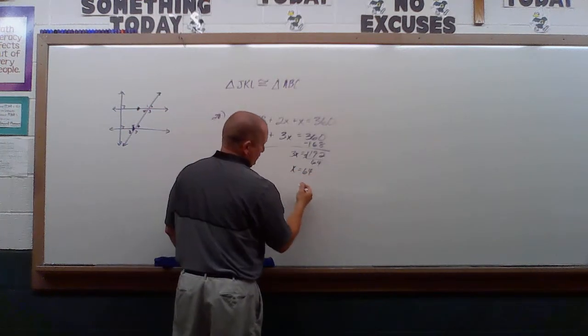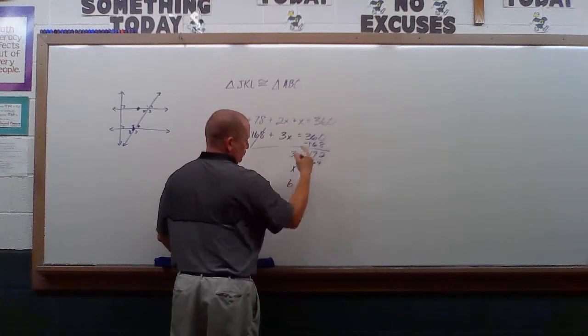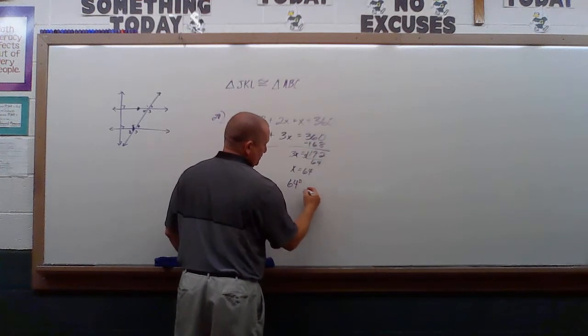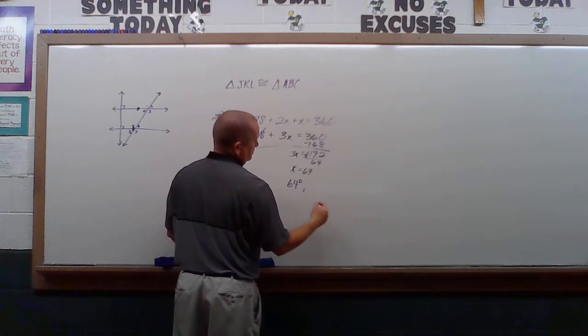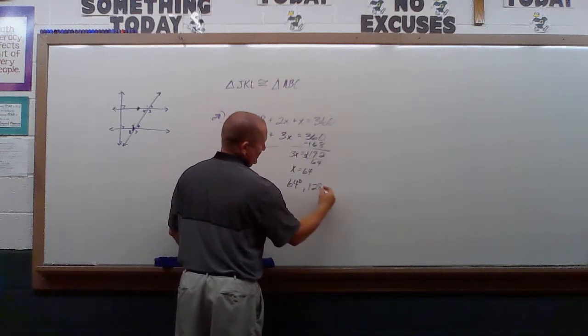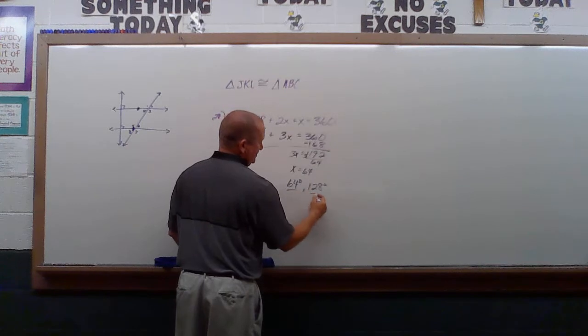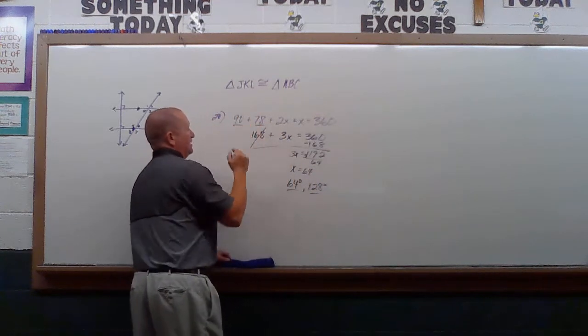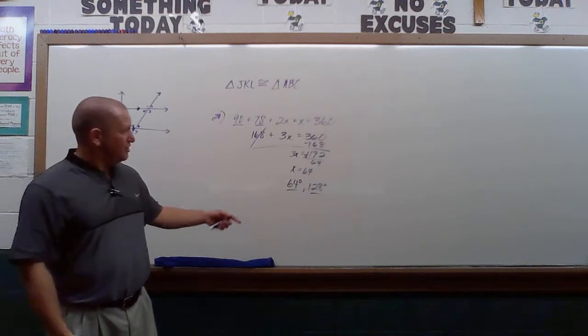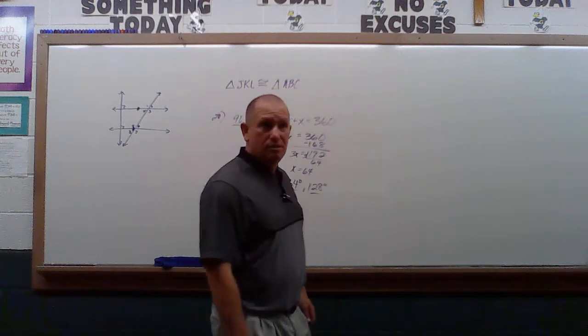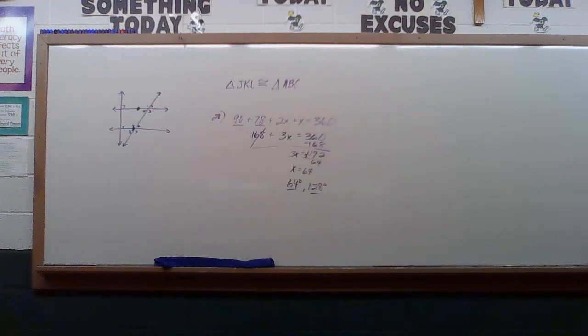X is 64, but what are my angles? Well, this is actually an angle too, right? Because x was one of my angles, so 64. What's my other angle? What's 64 times 2? 128. And then hopefully this and this all add up to 360 degrees. So if you wanted to check your answer, that's what you would do. Make sense?